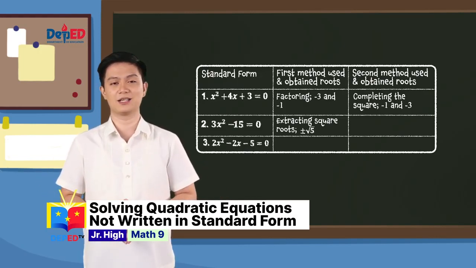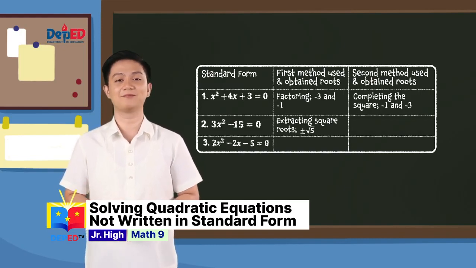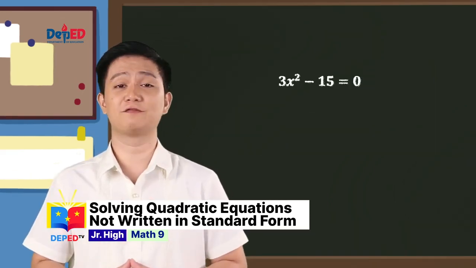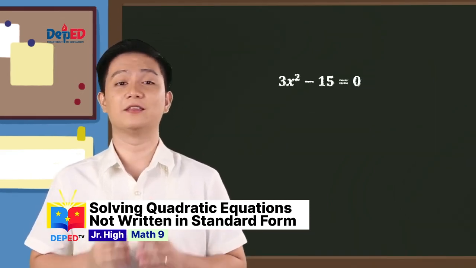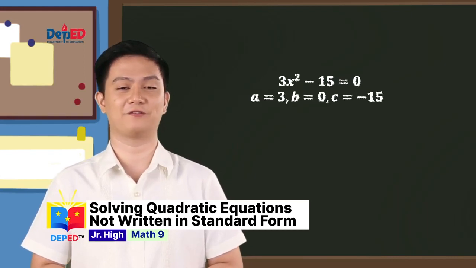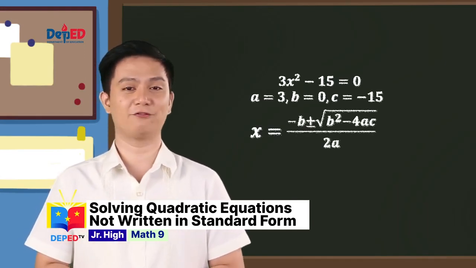And since we used the completing the square method a while ago, I opted to use the quadratic formula this time. In the equation 3x squared minus 15 equals 0, the values of the coefficients are as follows. a is 3, b is 0, and c is negative 15. We substitute these values in the quadratic formula.